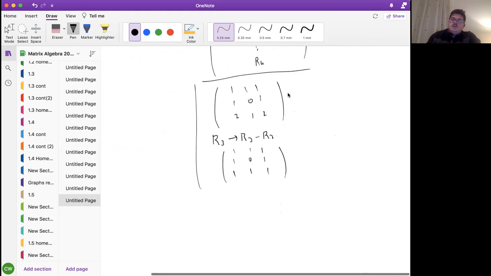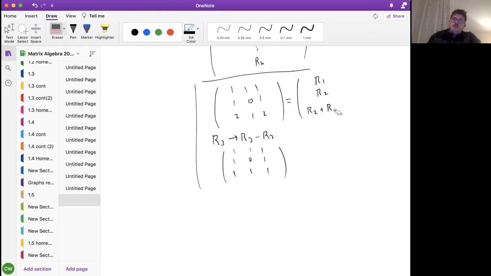So notice that this is row 2 plus row 1. You see that?